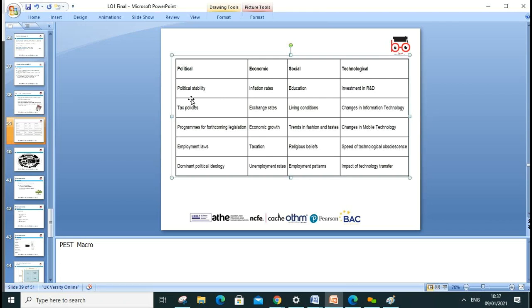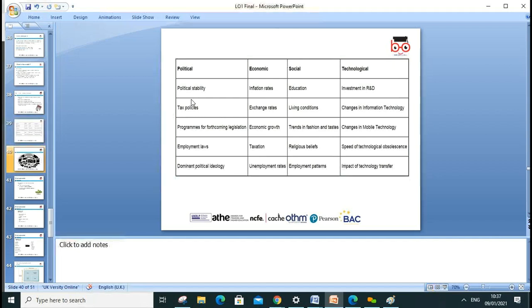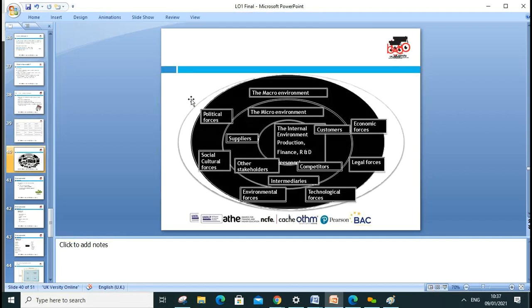You look at the economic environment: inflation rate, exchange rate, taxation. Look at the social environment, what society wants. More people are buying online now due to COVID-19. Look at how technology is changing, people using more technology and more social media. All this has an impact. And then the micro environment. Micro is inside: you look at production, finance, all the functional areas within an organization.